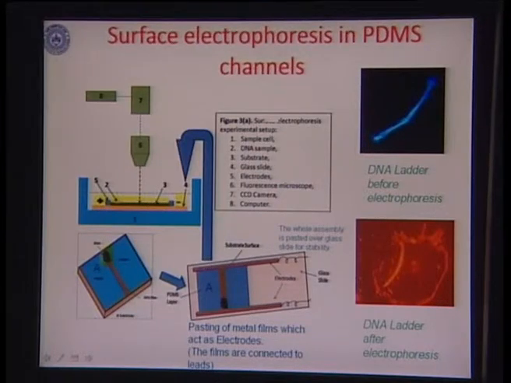You have a PDMS upper layer which acts as a cover and also gives a microchannel in between through which the DNA should be translated, and you have pasted film electrodes on both sides so that you can apply a strong field from where the DNA is adsorbed on this side all the way to the other side here, and then you have connected these through external wires.